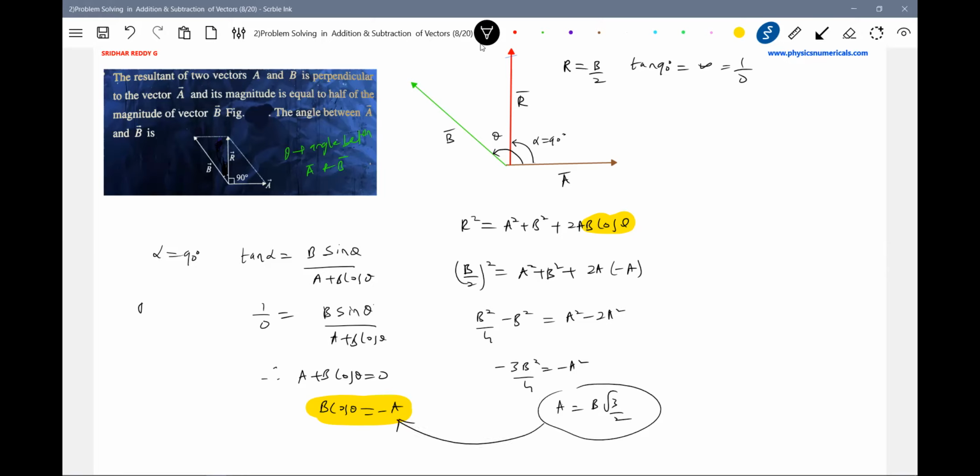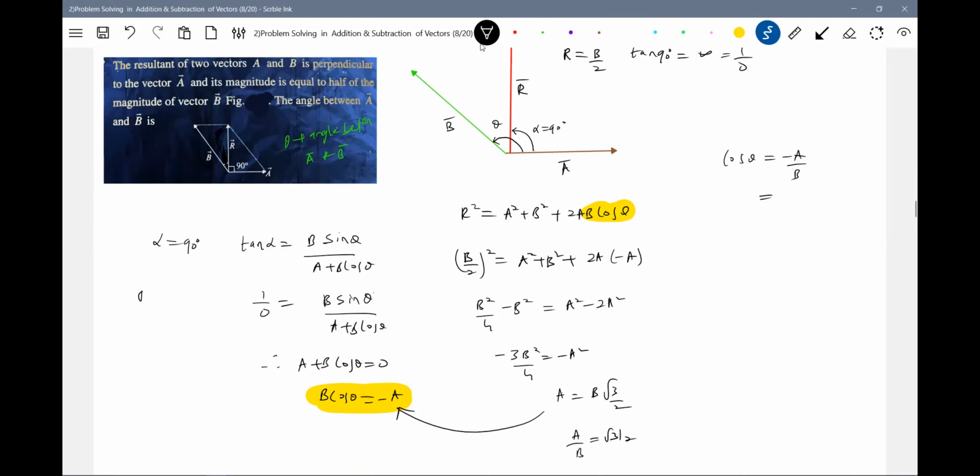This I'll substitute here. B by a is root 3, no? Or cos theta is equal to minus of a by b. What is a by b? One more step, let me add up. A by b is root 3 by 2. Substitute here.